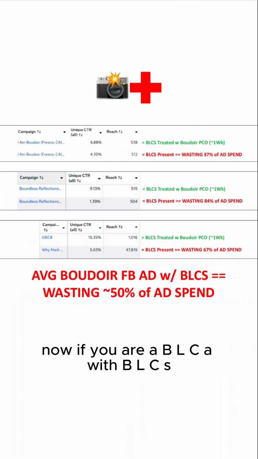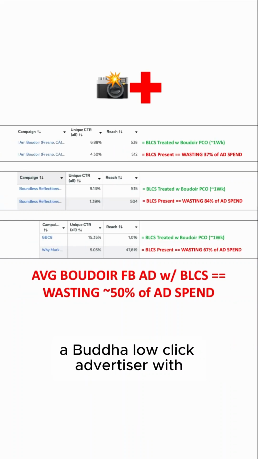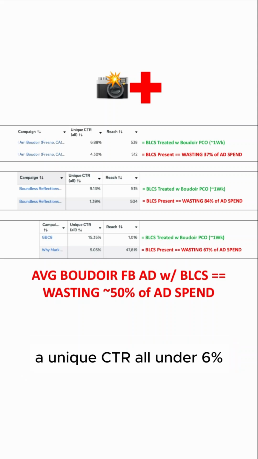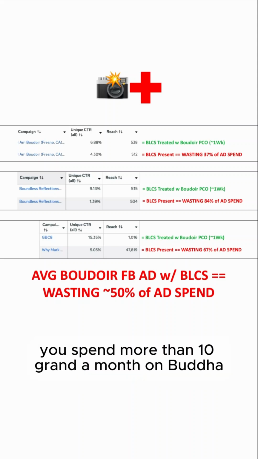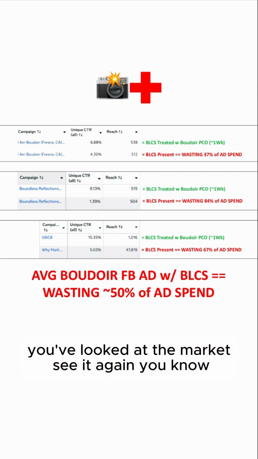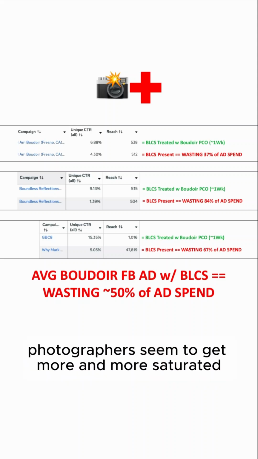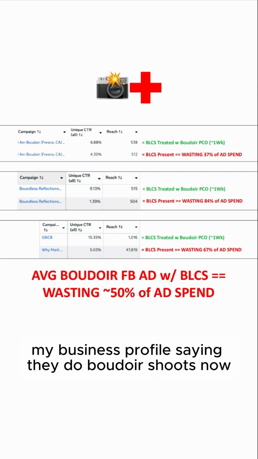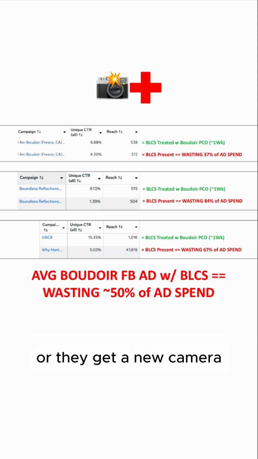Now, if you are a BLCA with BLCS, a Boudoir low click advertiser with Boudoir low click syndrome, your Boudoir Facebook ads have a unique CTR under 6%, and you spend more than 10 grand a month on Boudoir Facebook ads, and you've looked at the market, and it seems to get more and more saturated. Every time someone gets a new iPhone, they're throwing up a Google My Business profile saying they do boudoir shoots now, or they get a new camera and they're posting in the mom groups saying they do boudoir shoots now.